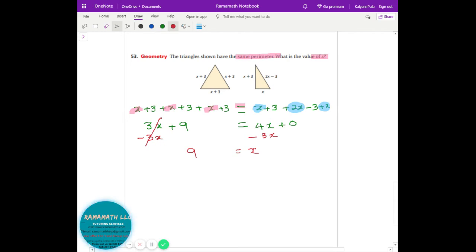And then 3 plus 3 plus 3, that's 9. I'm going to write it down there. And then here, 1x, 2x, 4x. And then plus 3 minus 3 is 0. And then obviously I can say from here, x is 9. You see that, how fast we did this same question? That's what we need to do in the SATs and ACTs.